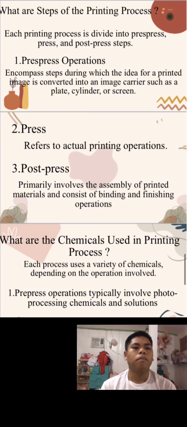Number 2. Press refers to actual printing. Number 3. Post-press primarily involves the assembly of printed materials and consists of binding and finishing operations.